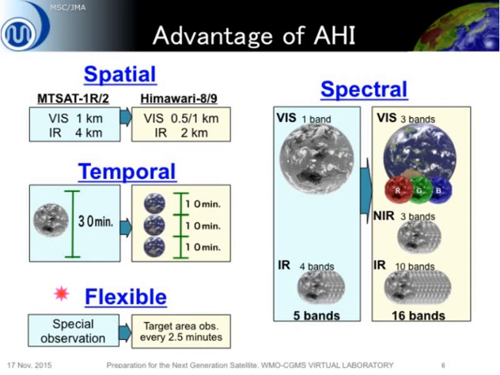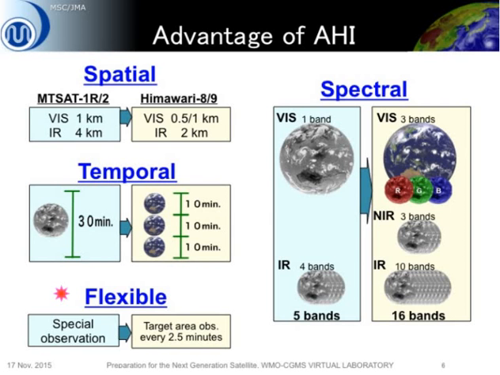And finally, AHI can perform more flexible observation. In MTSAT observation, in order to perform more frequent observation, it was required that special observation by standby satellite. This was called rapid scan observation.